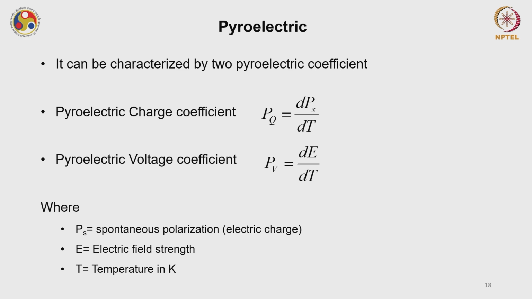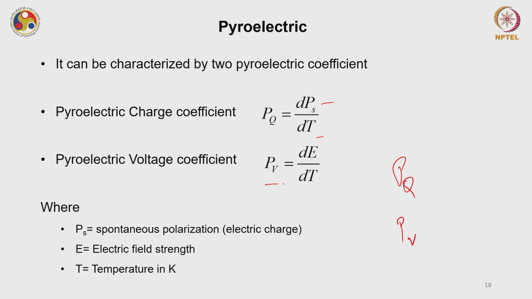Now, these pyroelectric devices can be characterized by two different coefficients. One is the pyroelectric charge coefficient and the second is the pyroelectric voltage coefficient. A typical pyroelectric coefficient is represented by P subscript Q, while the pyroelectric voltage coefficient is represented as P subscript V. PQ is given as dPS by dT, where T is the temperature and PS is the spontaneous polarization.